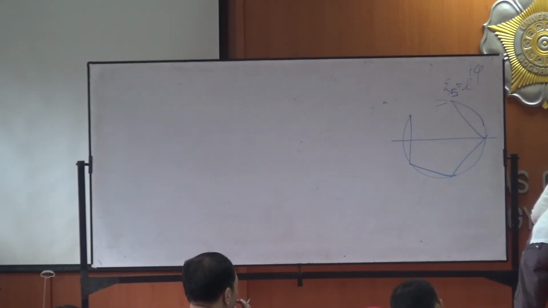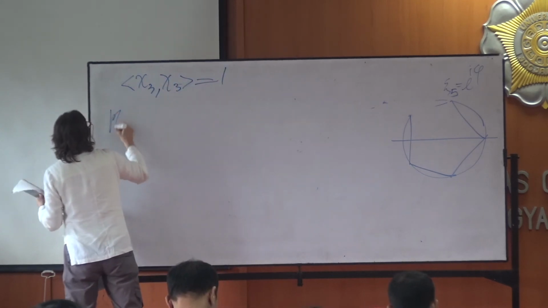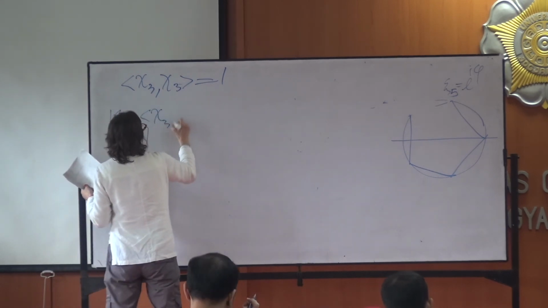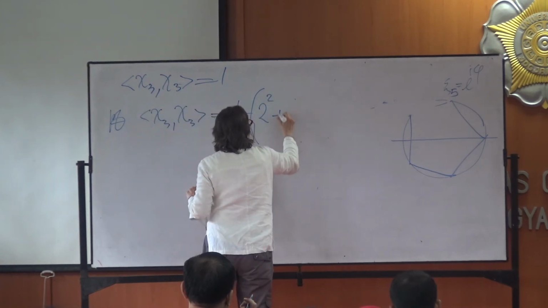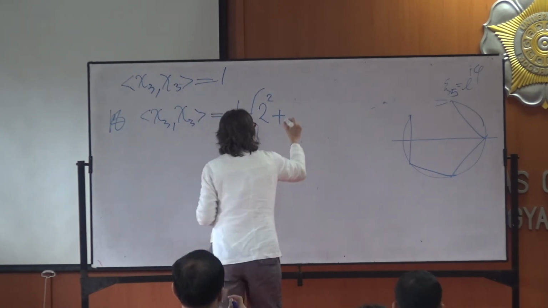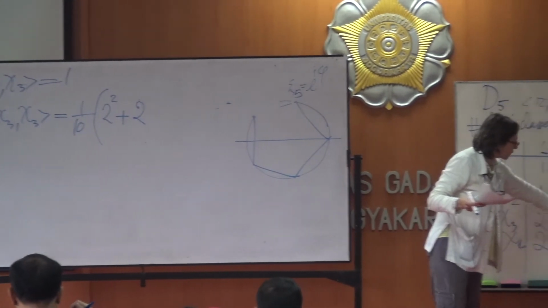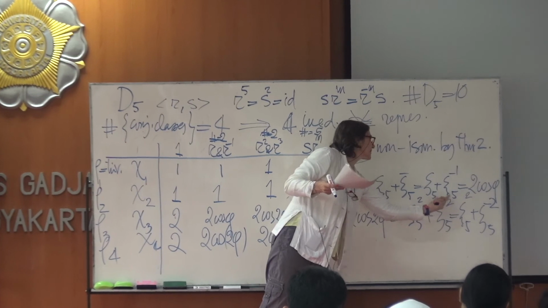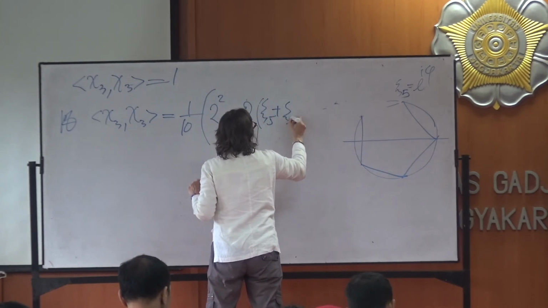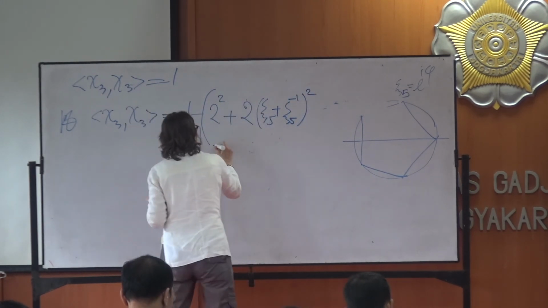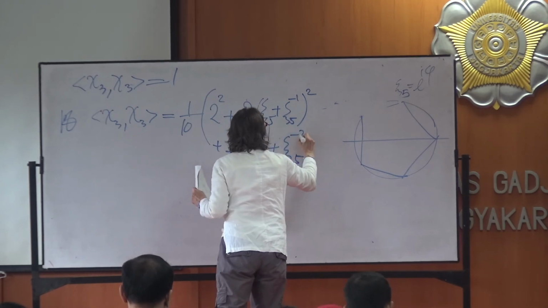So let's check, for instance, that chi3 has norm 1. So we have to do 1 over 10, and then 2 squared plus 2 times psi 5 plus psi 5 to the minus 1, squared, plus 2 times, this time, psi 5 squared plus psi 5 to the minus 2, squared.